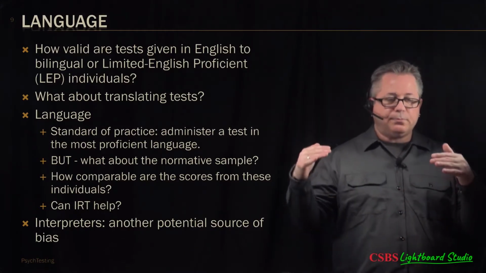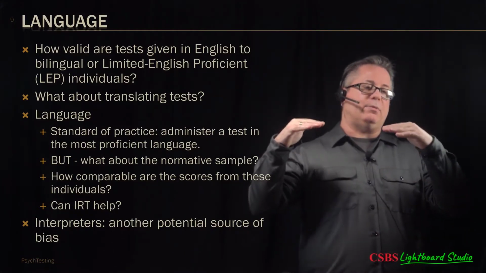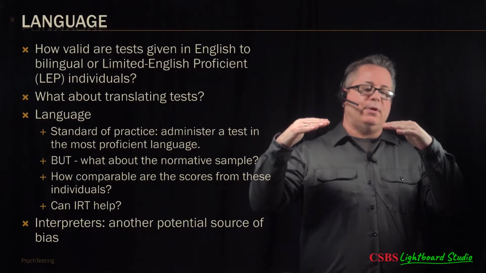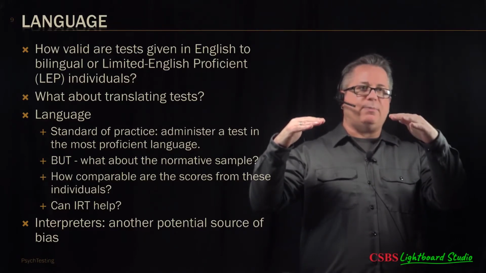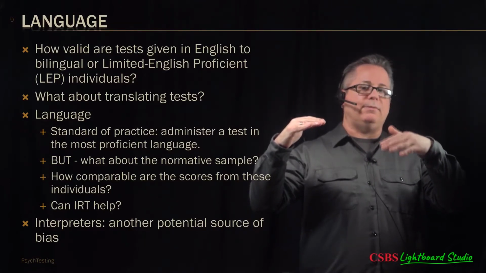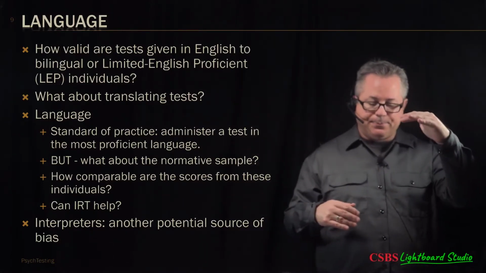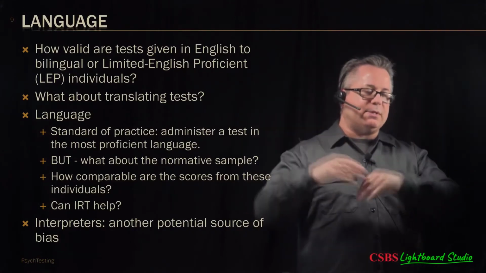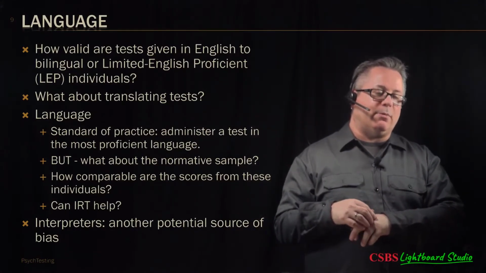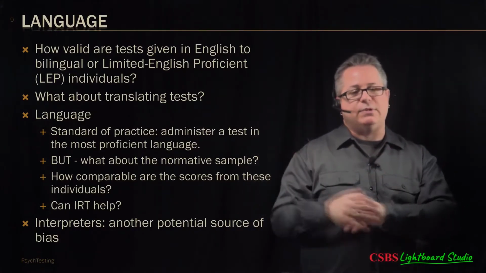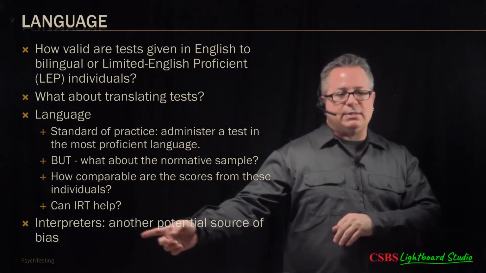How do we make the tests even? If I want to know if someone is proficient on the SBAC, that they have a high enough aptitude or achievement in, say, math, and the two tests are given in two different languages, it may become very complicated to scale them in the same way. Can IRT help?